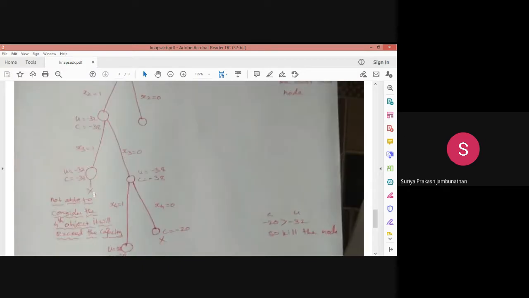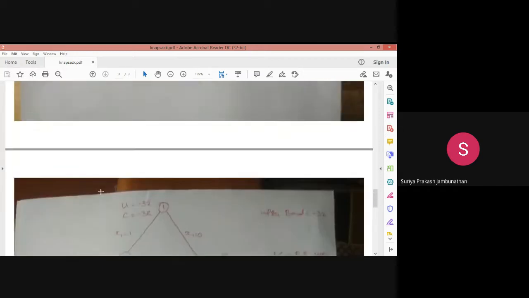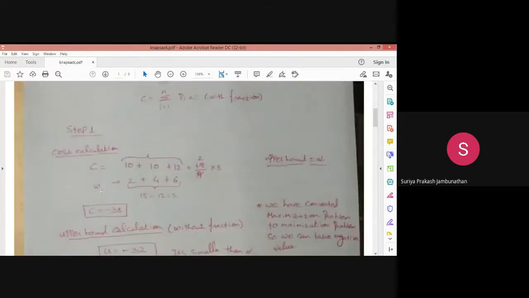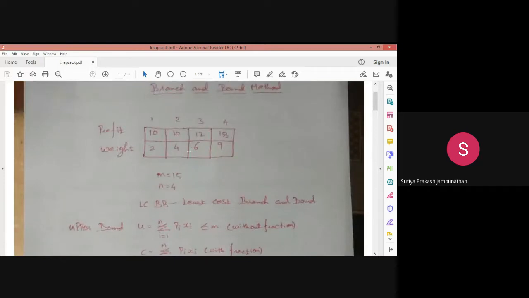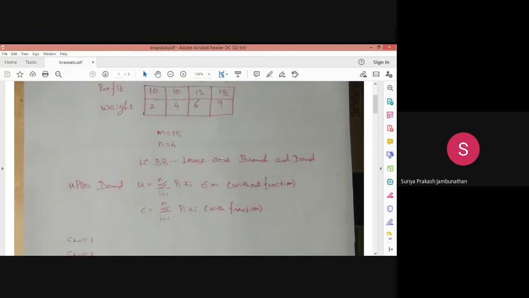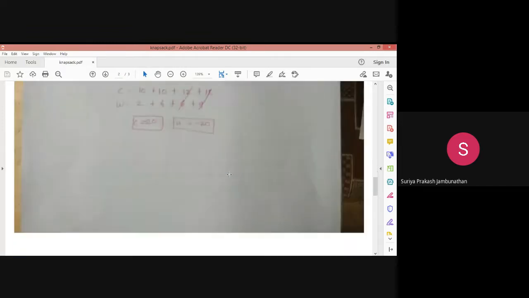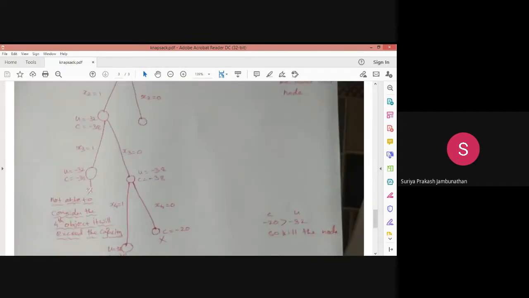If you are taking object 4, the capacity will be exceeded, because the weights of object 1, object 2, object 3 added together are 2 plus 4 plus 6, which comes to 12. So the fourth object is not possible to add here. If you add the fourth object, it will exceed the knapsack capacity, so we are killing this node. We are not expanding further.